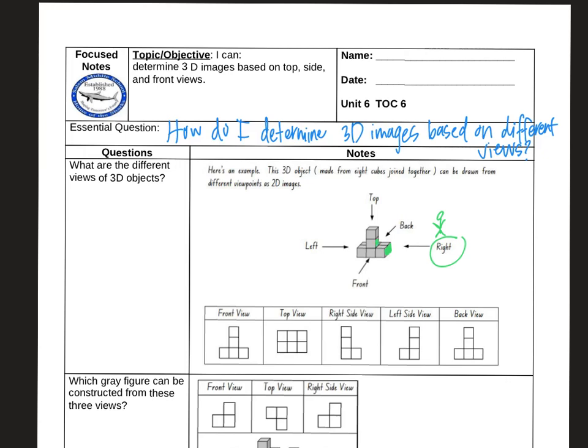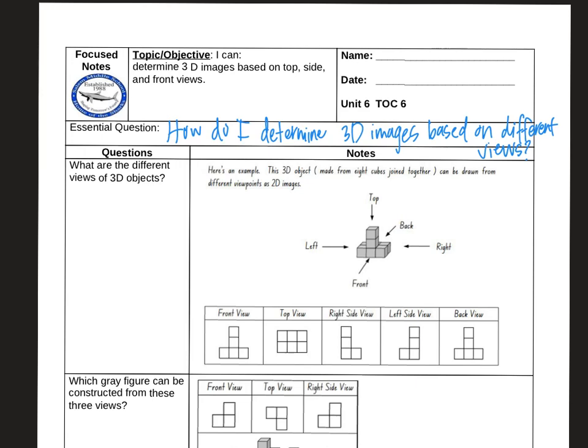Then we would see this second layer, and we would only see this one on the left, and then another one on top of it. So if I draw that over here, I have 2 cubes at the bottom, this one on the second row, and then another one on the third row, and that's what it looks like from the right. And that is also drawn right over here.